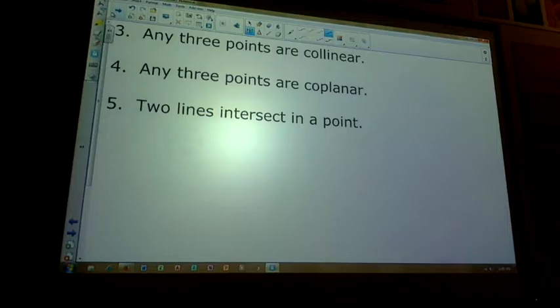2 lines intersect at a point. Yeah, when don't they? When they're parallel. Can anybody think of a time that the lines aren't parallel and they also don't intersect? Maybe.